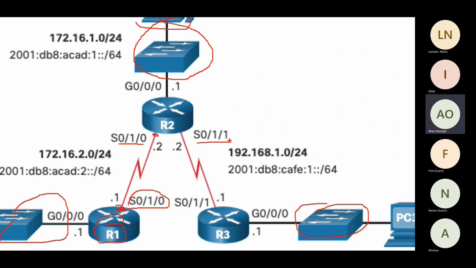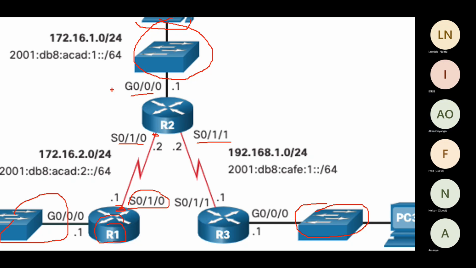So those are called exit interfaces. And it is important to note that even R2 to its own LAN will still use its own exit interface here, G0/0/0.